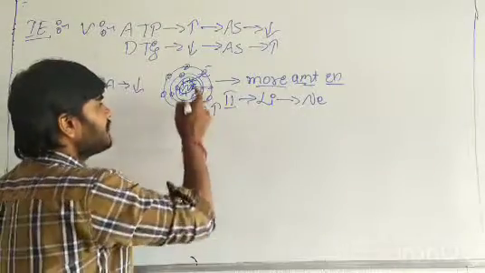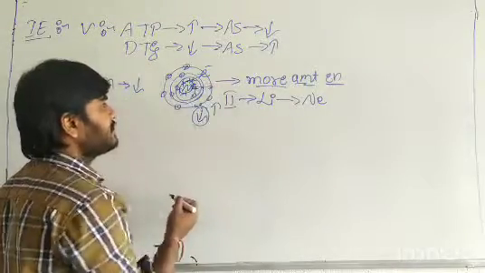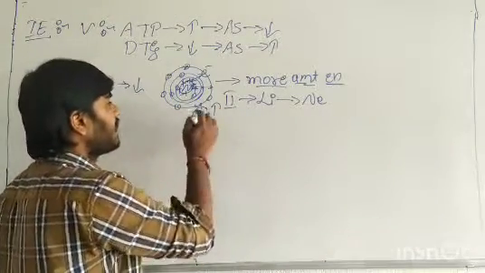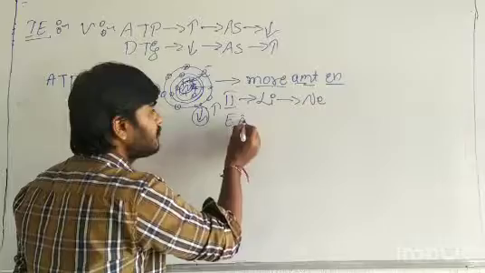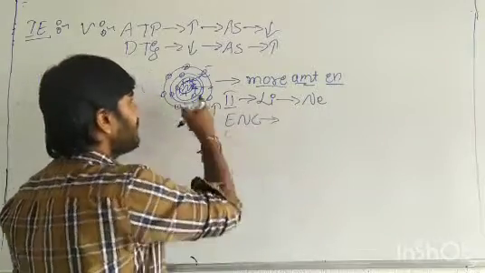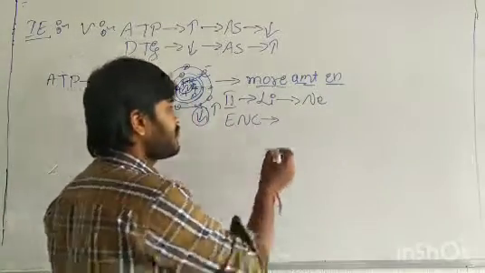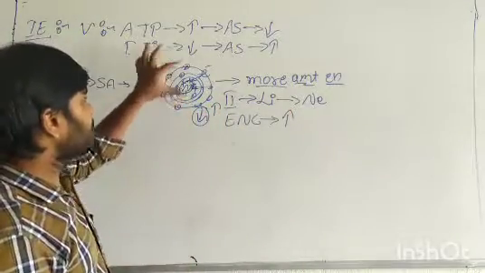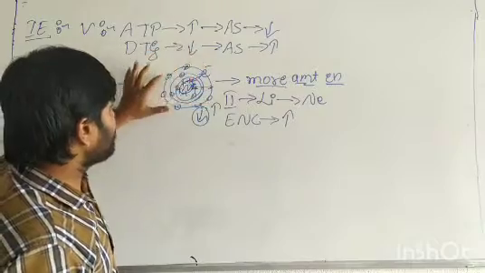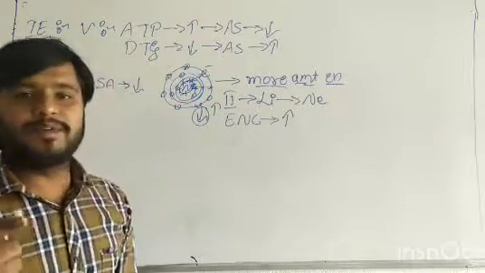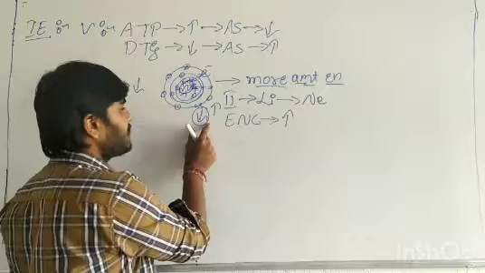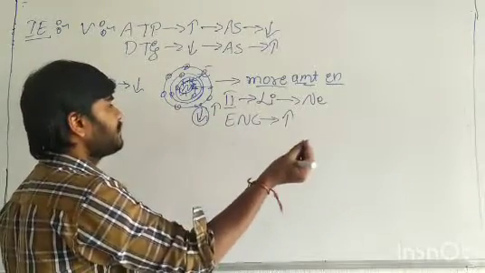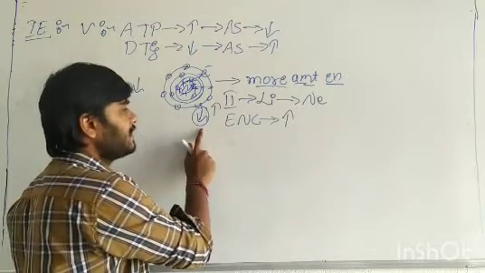And one thing here, in this situation the attractive force is more. That means the effective nuclear charge experienced by the outer electrons will be more. Attractive force is more means the effective nuclear charge experienced by these outer electrons will be more, so the attraction force is increasing, which means the size of the atom will decrease.